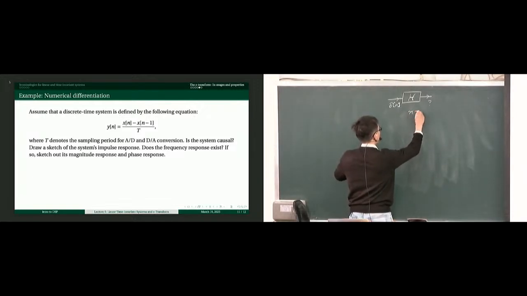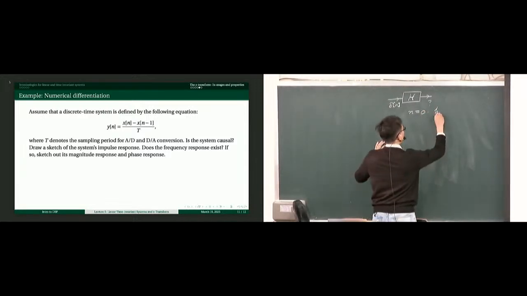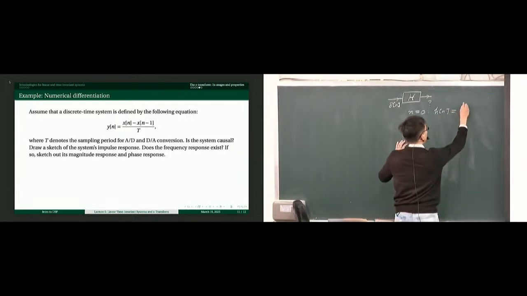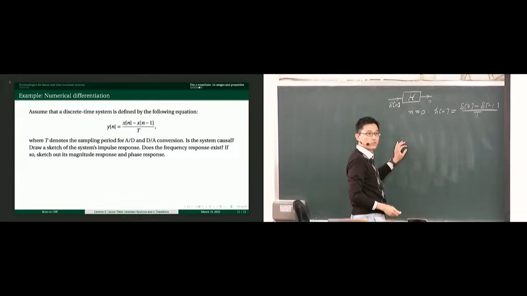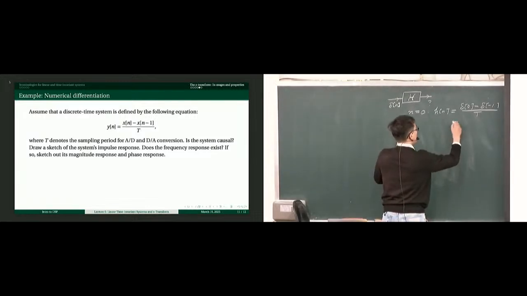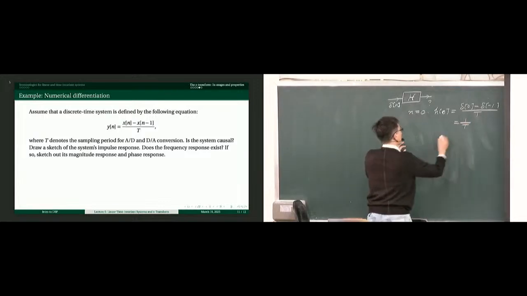You can do this: for n equals 0, h[n] equals delta[0] minus delta[minus 1], divided by T. So h[0] is 1 over T.